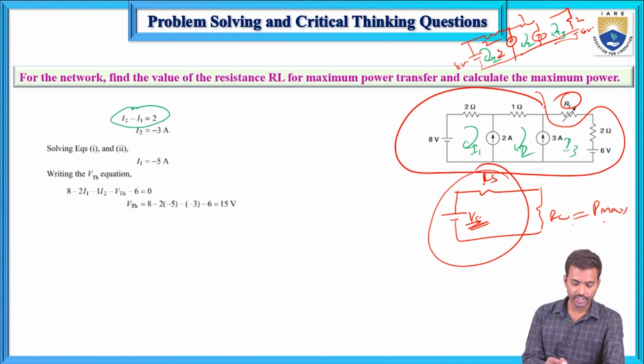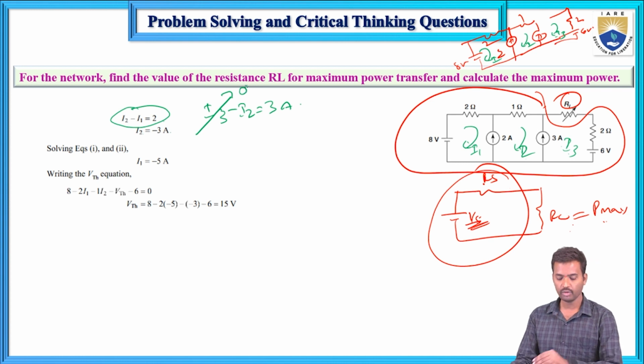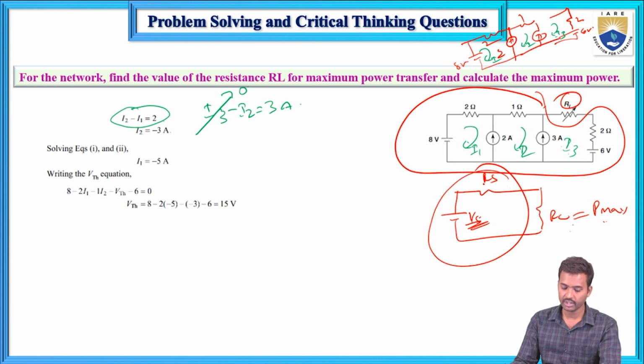Next, for the VTH calculation, I2 minus I1 equals 2, and I3 minus I2 equals 3 amperes. The I3 value is 0, and I2 equals minus 3. And from this, I1 equals minus 5.